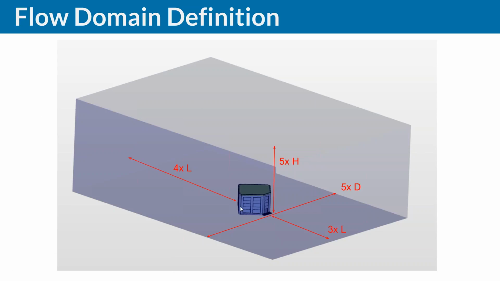Because we will define, for example, here an inlet, so the air will enter the domain here. And if the distance is too small, we will have a blockage effect by the building. This is something you may also have heard about when it comes to wind tunnel testing.